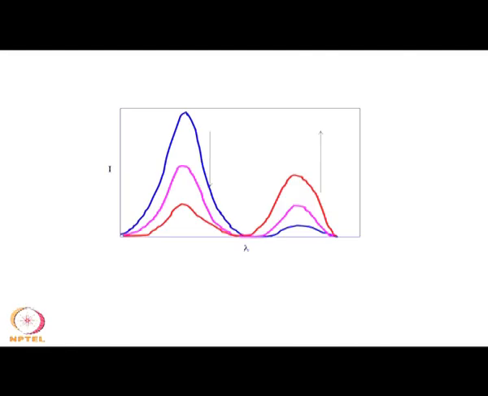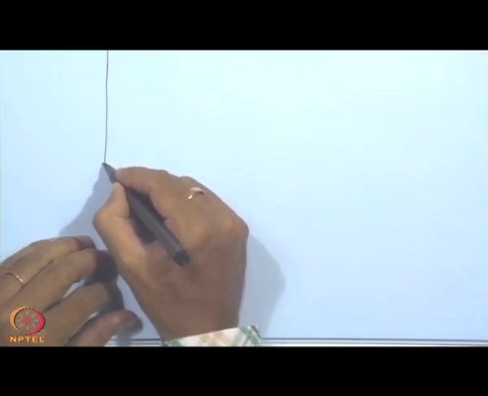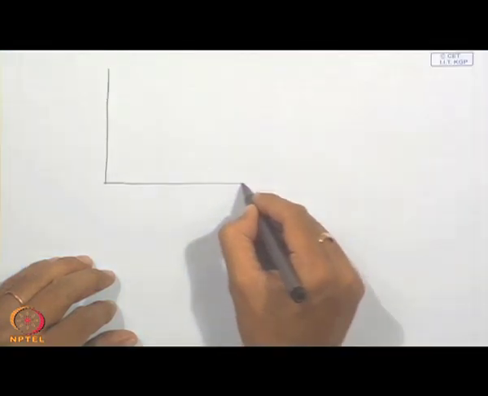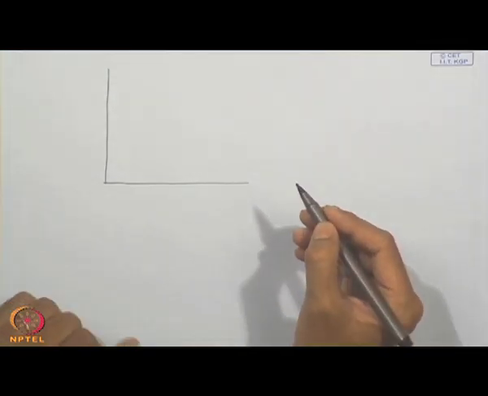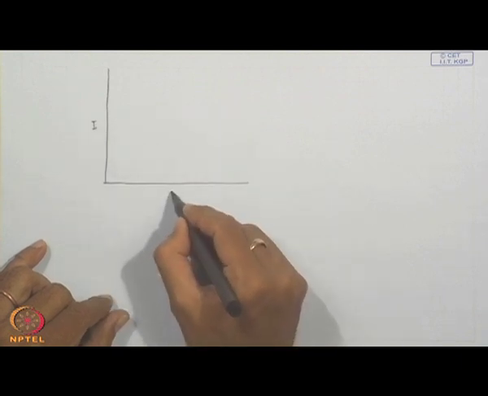Okay. So, you see that the spectra which you are seeing over here is just a general representation of the fluorescence spectra as a function of wavelength.